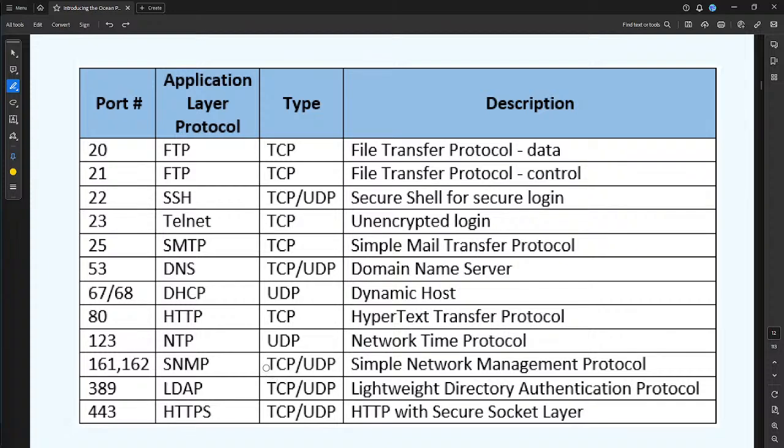Like I said, it's the Transmission Control Protocol and User Datagram Protocol. We are going to get deeper into them. But what is important is to take note of these port numbers, and the application layer port protocols as well. You can see HTTPS, LDAP, SNMP, NTP, and the likes. Very important.